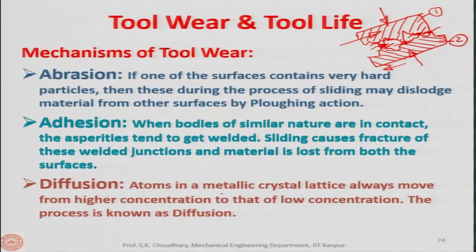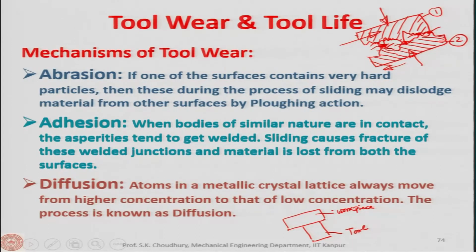Diffusion: atoms in a metallic crystal lattice always move from a higher concentration to a lower concentration. The process is known as diffusion. Let us say these are the two surfaces, this is the workpiece and this is the tool. They are in contact with each other, and the tool is working on the workpiece. The tool will have a higher atomic density than the workpiece, because the material is different.